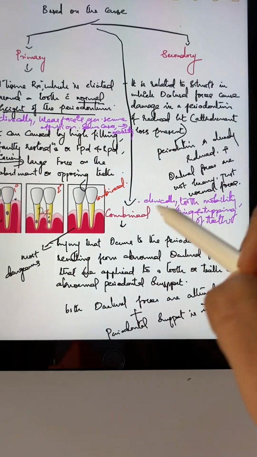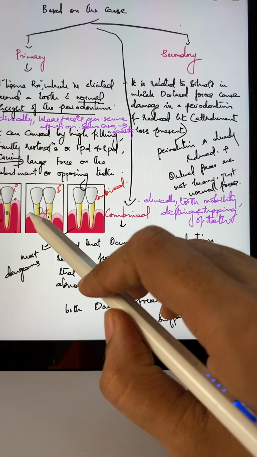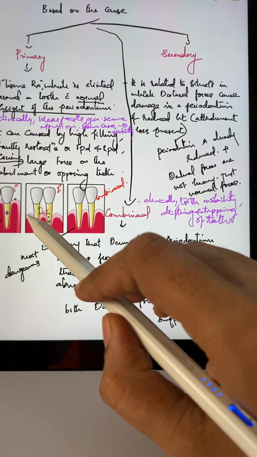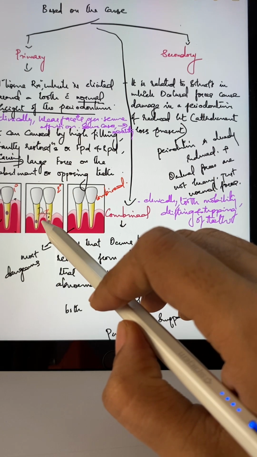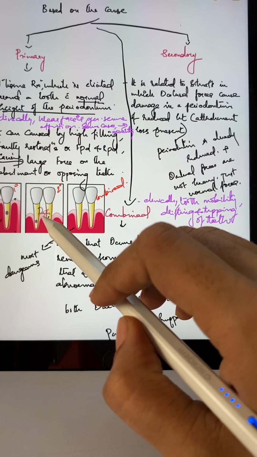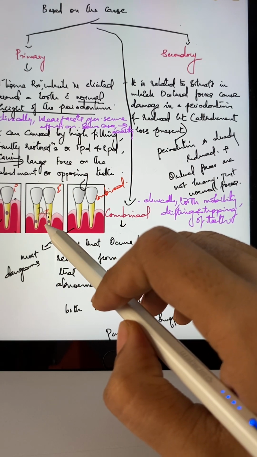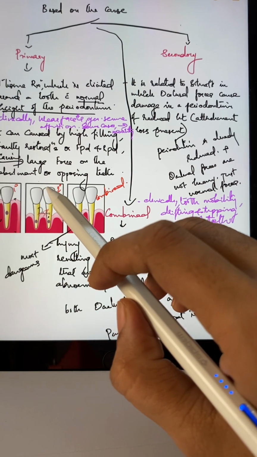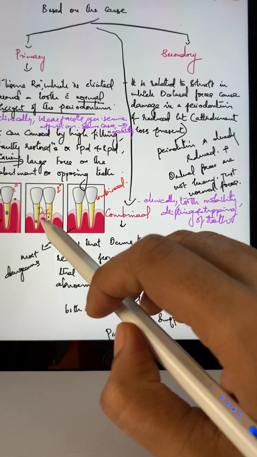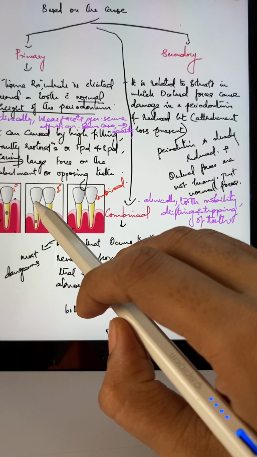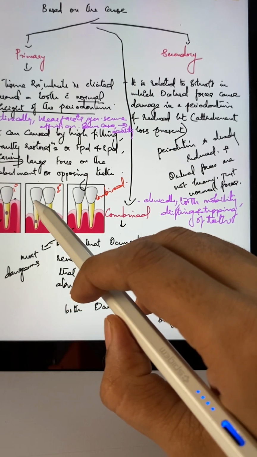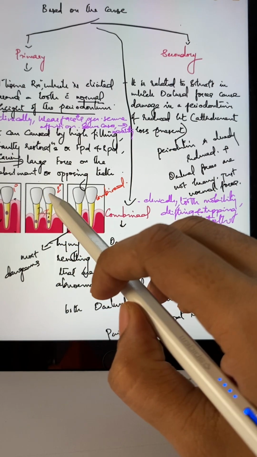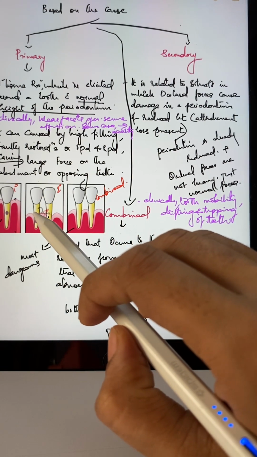Whereas secondary means the periodontium is already weak, the height of the periodontium is less and attachment loss is there, a lot of periodontal destruction has already happened in their mouth. In such a case, even the normal force is too much for them, because the periodontium is already reduced and the occlusal forces are not heavy, just normal occlusal force, and secondary traumatic occlusion can occur.